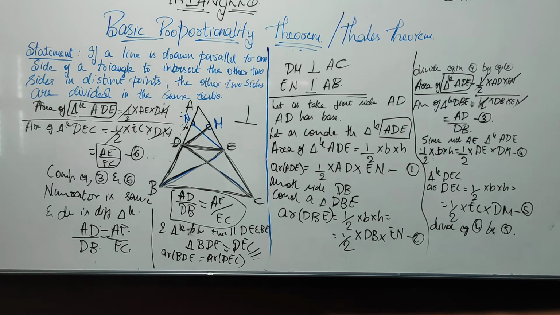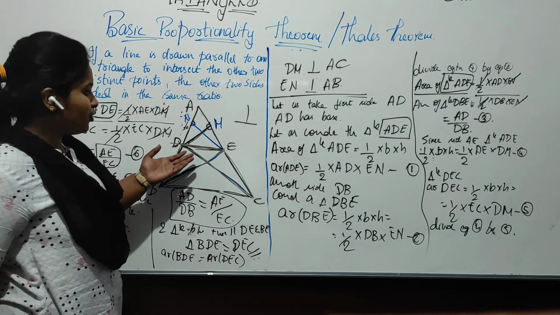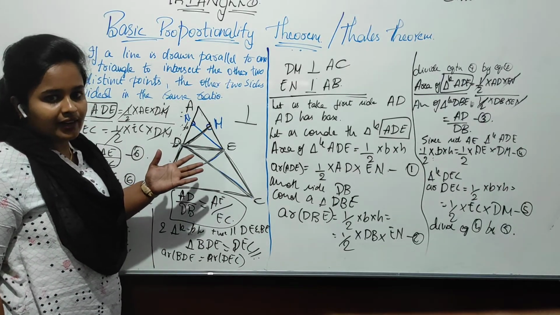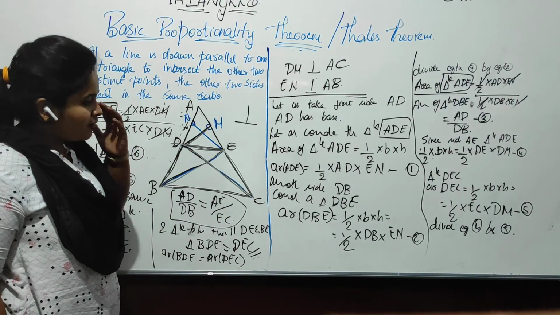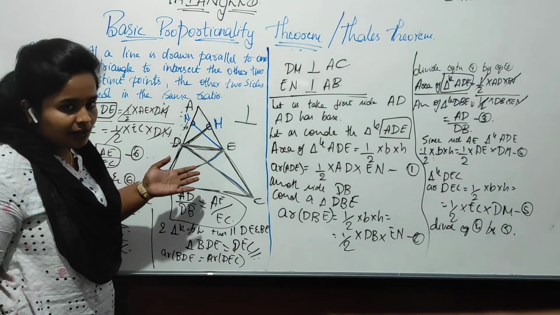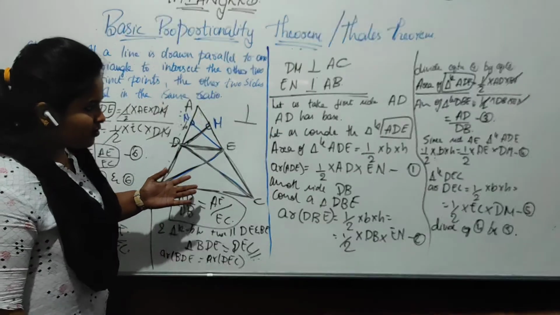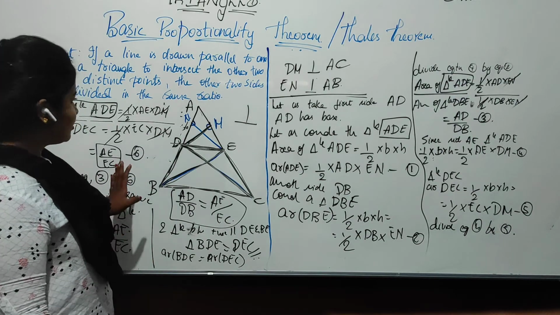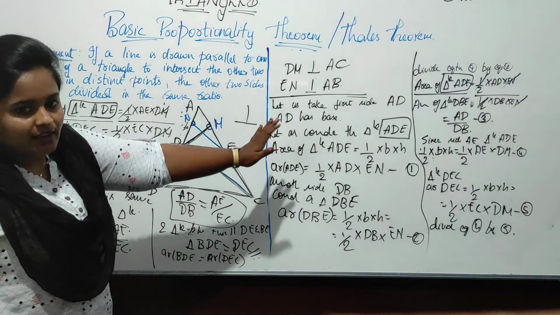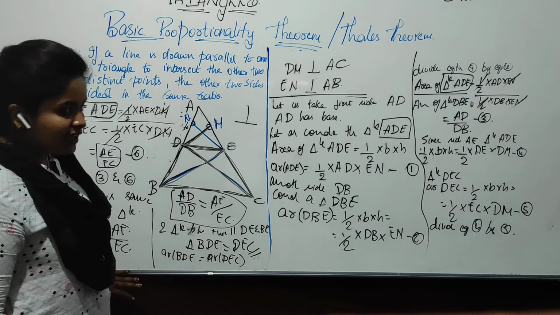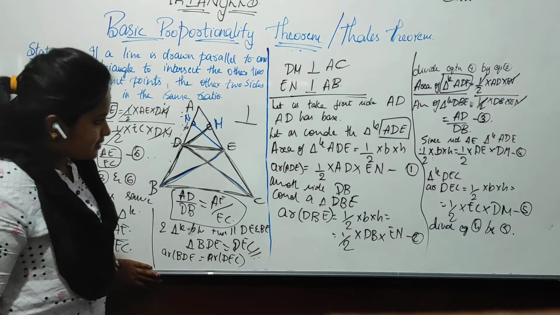From this we know that any two triangles drawn between two parallel lines on the same base have equal areas. So from equation 3 and 6, AD by DB equals AE by EC.